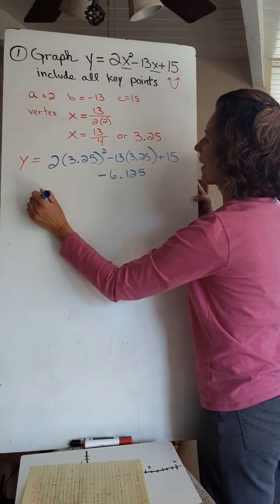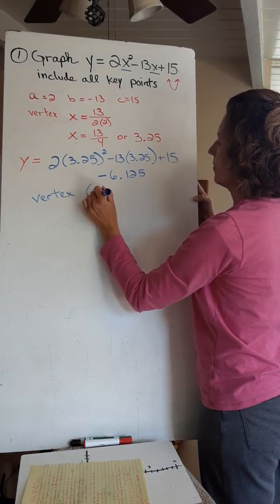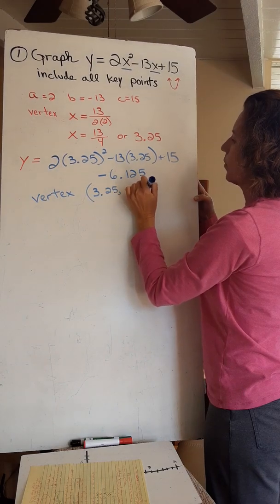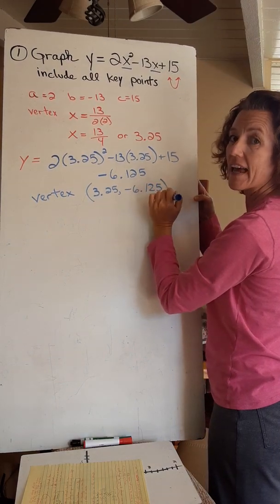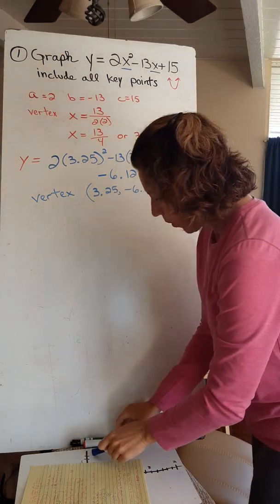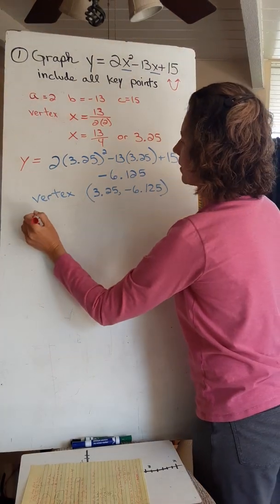So our vertex is 3.25, negative 6.125, which we will just estimate when we put it on the graph. Our y-intercept is 15.